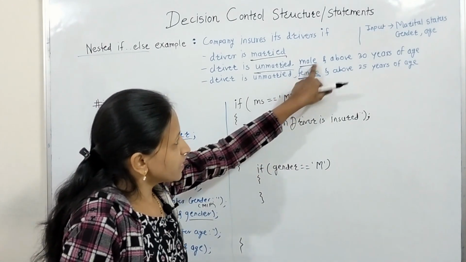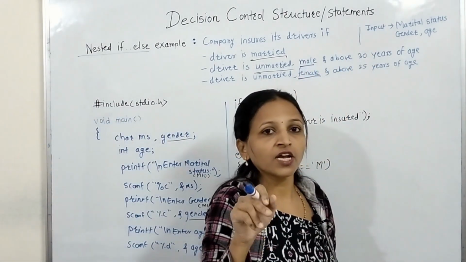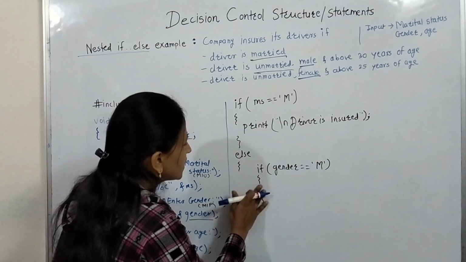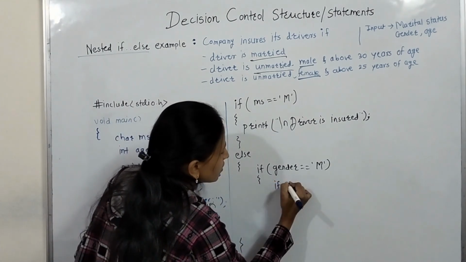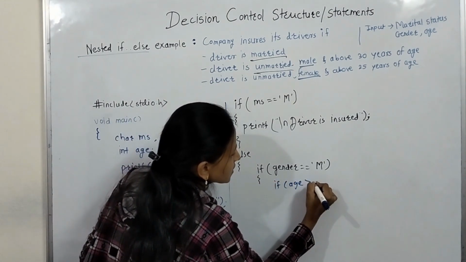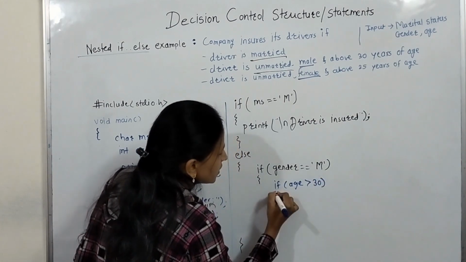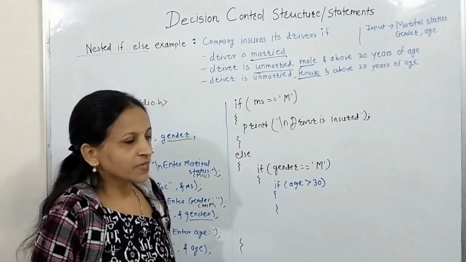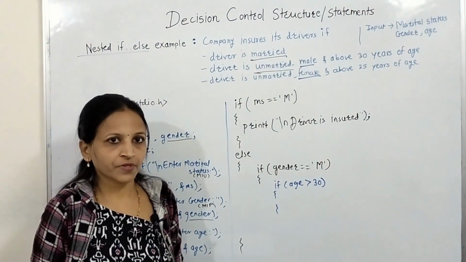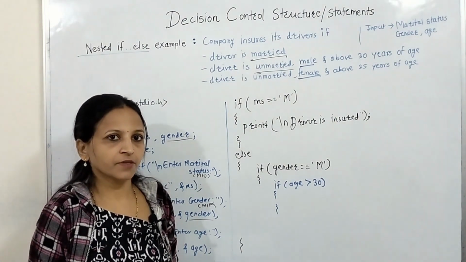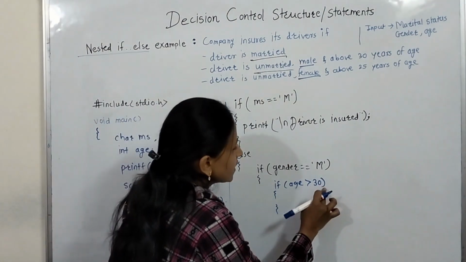Again we have to check for age. We can place here again, if age is greater than 30. Above 30 means excluding 30. It should be above 30. Now age greater than 30.